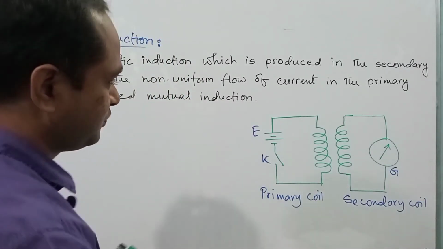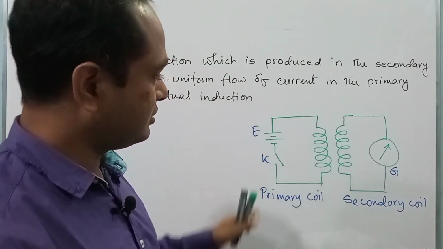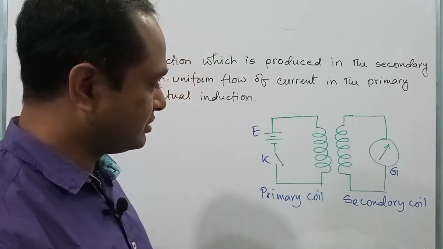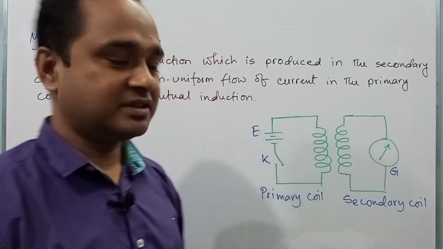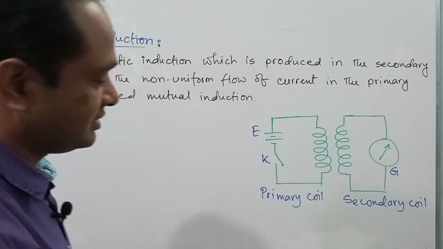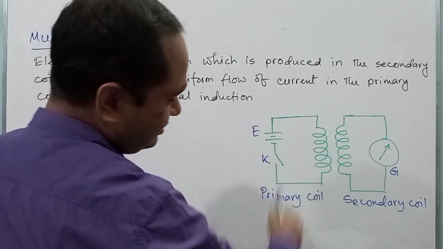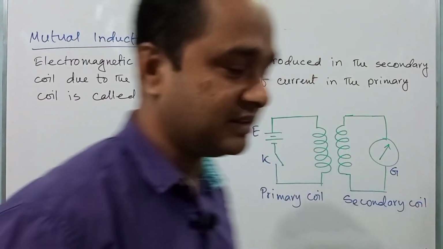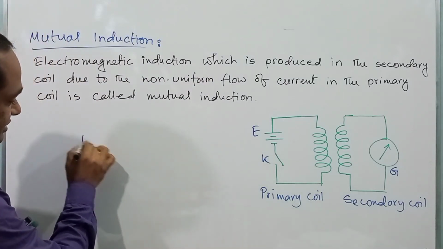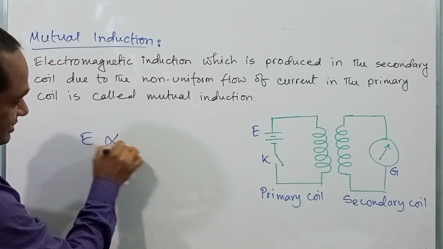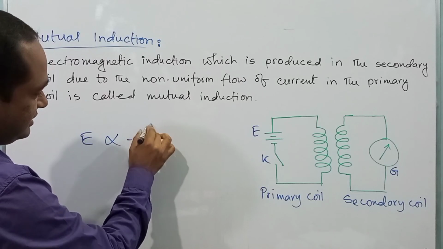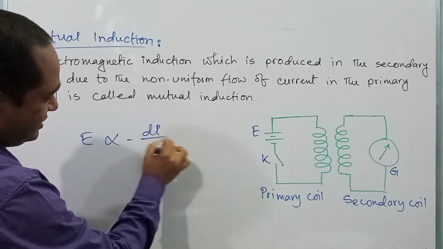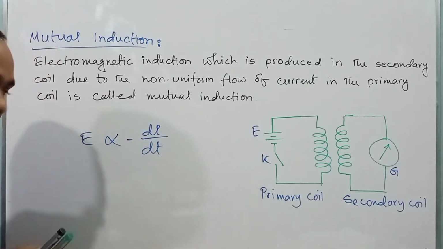Dear student, if the change of current in the primary coil is denoted by di and it takes the time dt, then the rate of change of current in the primary coil is di by dt, and if the induced EMF in the secondary coil is E, then we can write that E is directly proportional to minus di by dt, right?